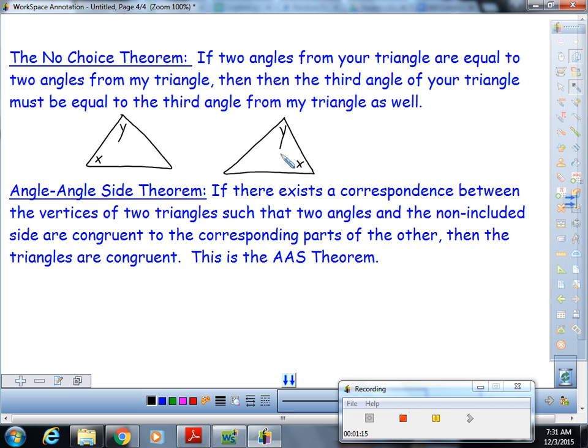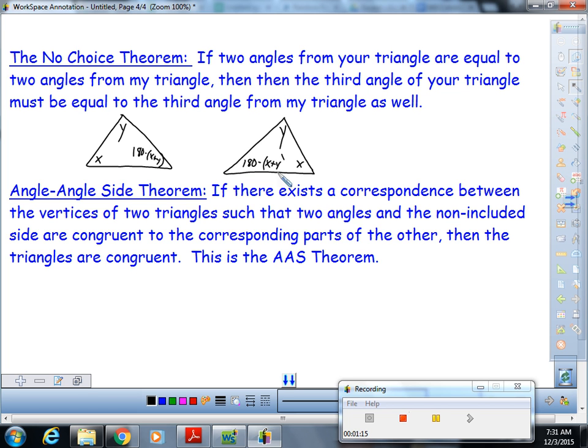So either 180 minus parentheses X plus Y, and we'll do that. That's fine. 180 minus X plus Y. Do you guys agree that would be that angle? And what would this angle be? 180 minus X plus Y. And there, we just proved it. That's the whole proof. Does that make sense? That's a totally obvious theorem.